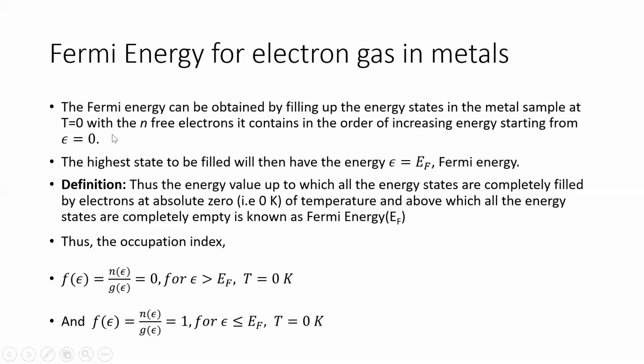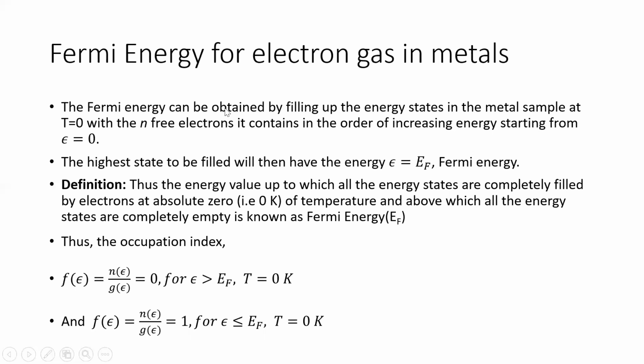So here, suppose in the metal, we are setting the temperature equal to 0, that is absolute zero temperature, 0 Kelvin. When the temperature is 0 Kelvin, we know that the energy of the electrons will be very low. So all the electrons will tend to occupy the lowest possible energy state.